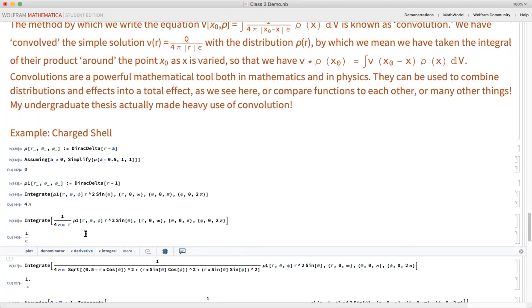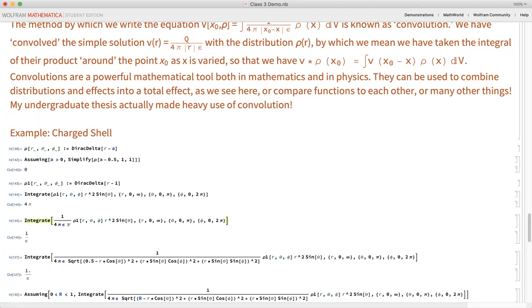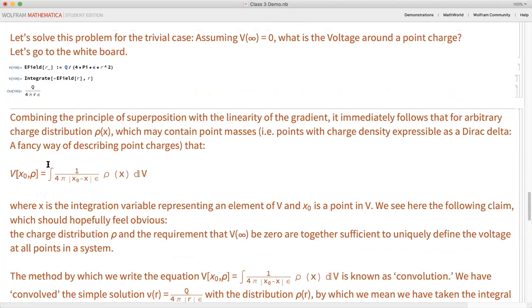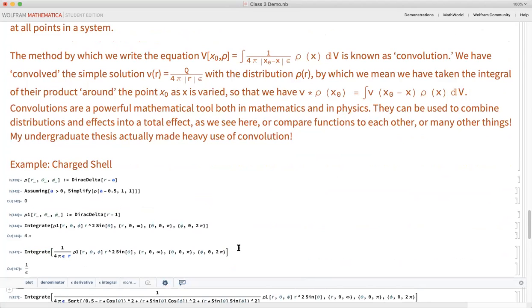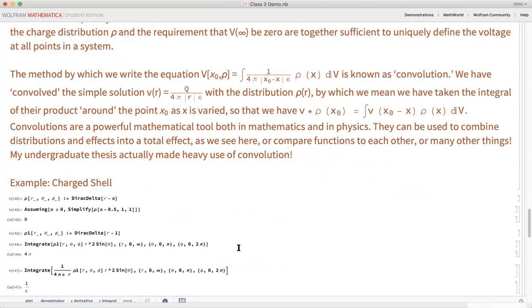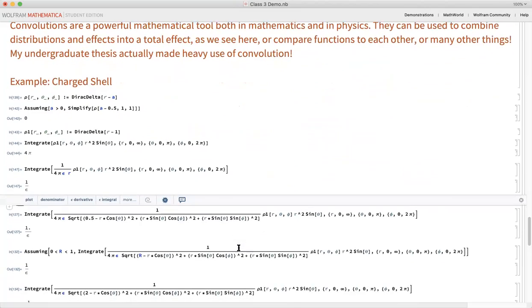So we're doing this integral, right? This r here is the magnitude. R here is x naught minus x, so r is the distance from the origin. I'm asking what's the voltage at the origin? 1 over epsilon. And that's what you'd hopefully expect if you've seen this before.